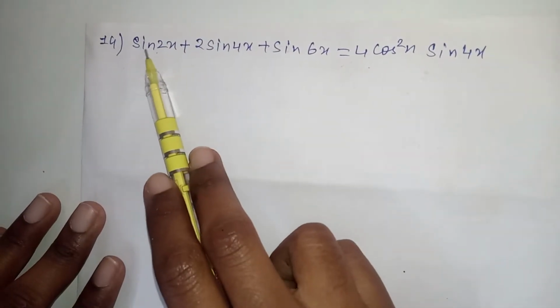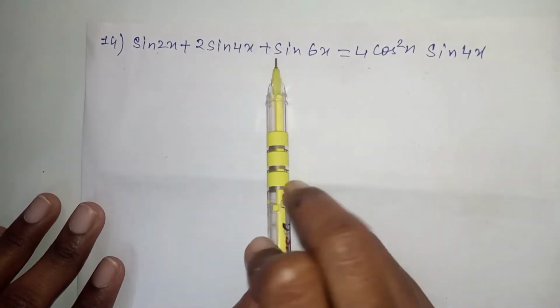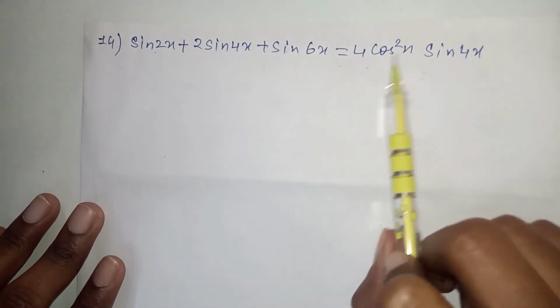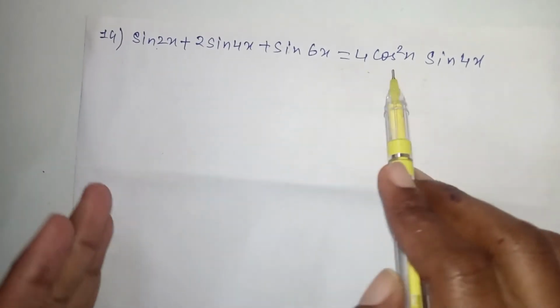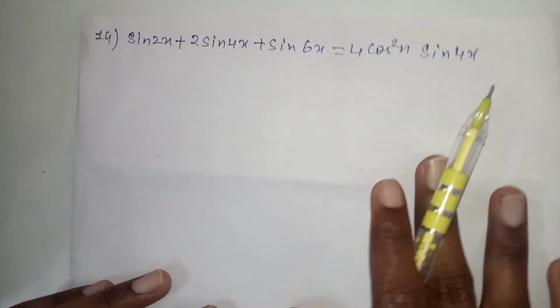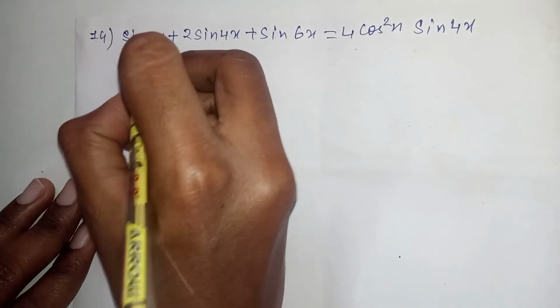So 14th question: sin 2x plus 2 sin 4x plus sin 6x is equal to 4 cos square x sin 4x. So what you have to do is take the left hand side and get the right hand side, okay? First let us take the left hand side.